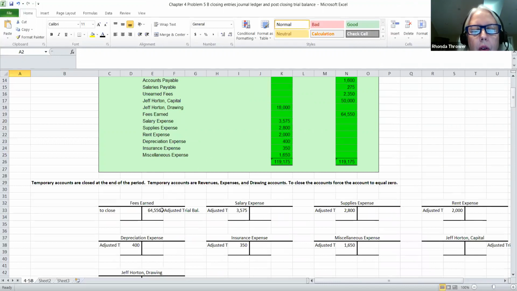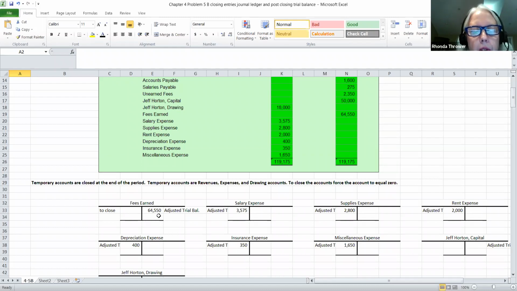I've entered that in my T account on the credit side because fees earned increases on the credit side and its normal balance is on the credit side. It should have a credit balance before it is closed.